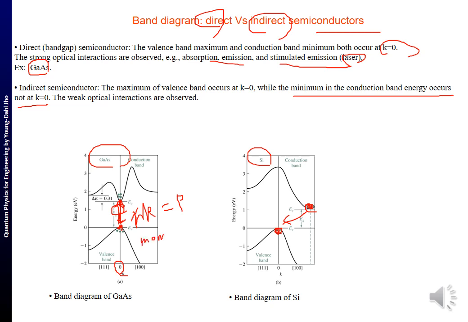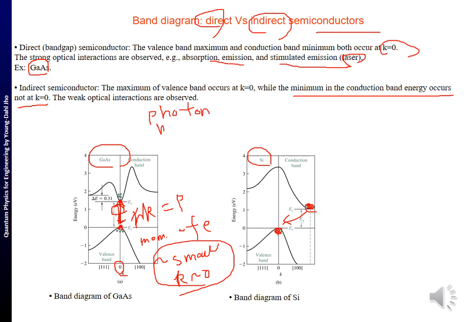So let's consider the momentum of the electron. It's very small when k is near 0. And the photon momentum is actually very small.